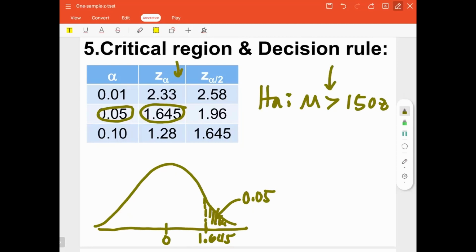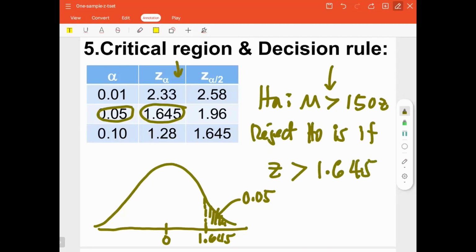So we say, well, we reject the null hypothesis if the computed value, the z-test statistic, is greater than yung critical value na 1.645. Again, as my emphasis, itong greater than dito, dapat parehas yan dyan, ha? Okay, that's my clue there.